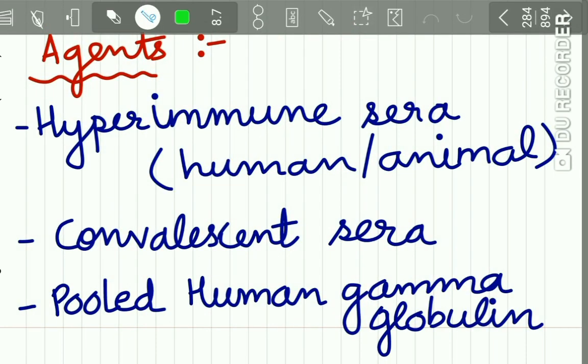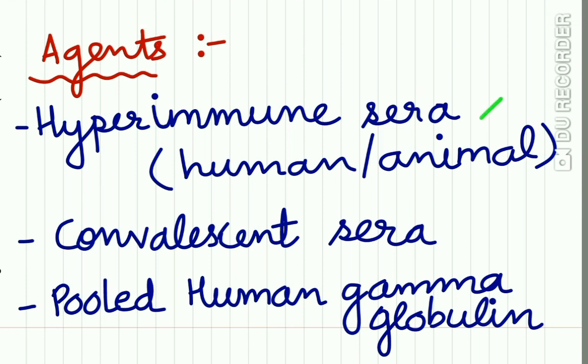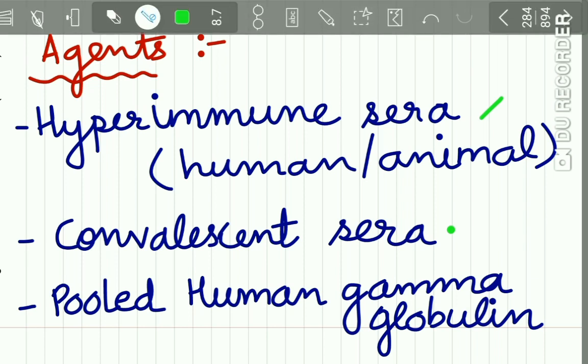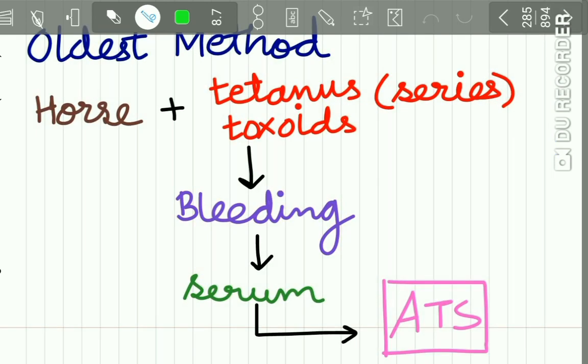The agents which are used for artificial passive immunity are the hyperimmune sera of either animal or human origin, the convalescent sera, and the pooled human gamma globulin. These are the agents which are used to produce artificial passive immunity.